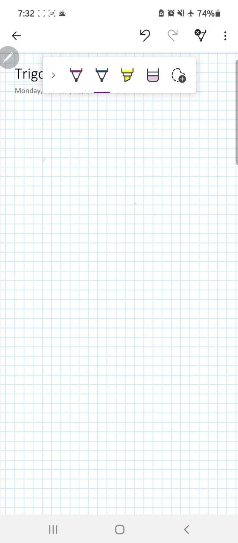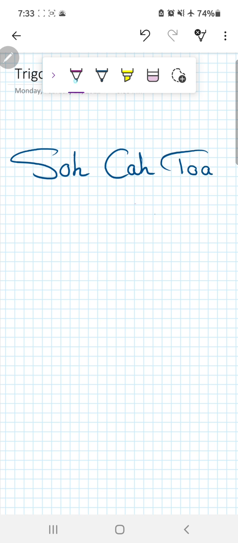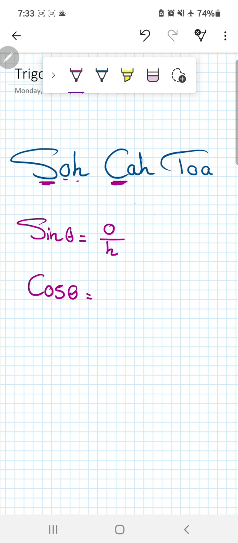First we have S, and we said S here is sine, which equals opposite over hypotenuse. And we said C is cosine, which equals adjacent over hypotenuse.